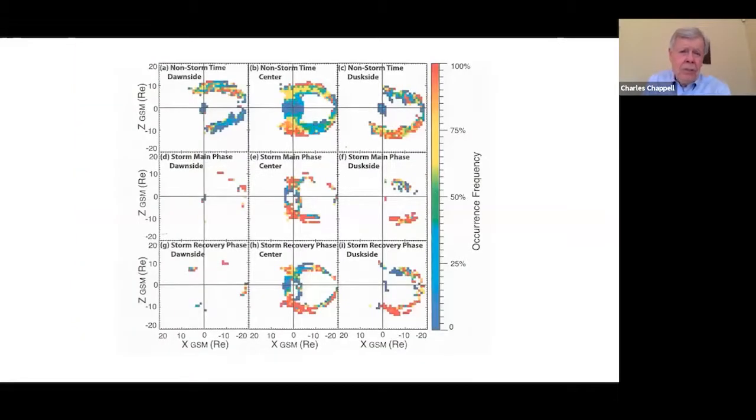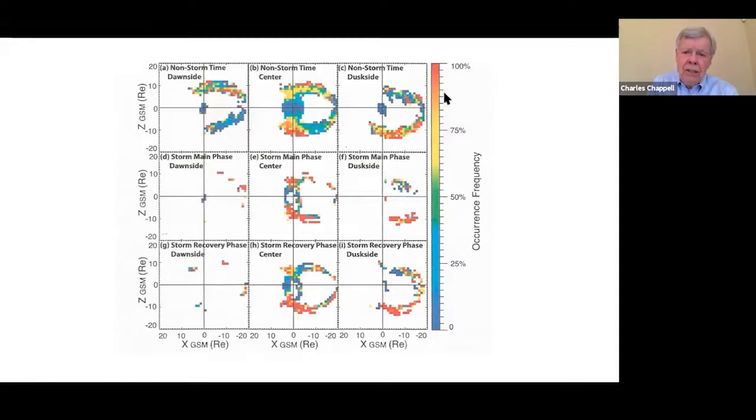And here are some images of those. These are strange wave particles, from work by Lynn Kistler's group. This is outflowing oxygen. The sun is off to the left in each one of these pictures. This is basically where the Cluster spacecraft was, out to about 20 RE, sampling particles that were coming out of the polar cusp. And there are dawn side passes, center and dusk side, and then non-storm time, storm, main phase, and recovery.